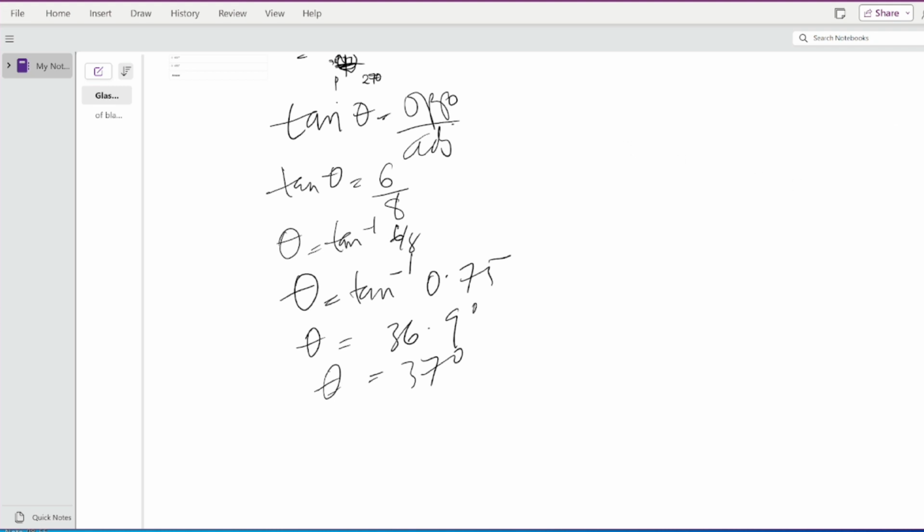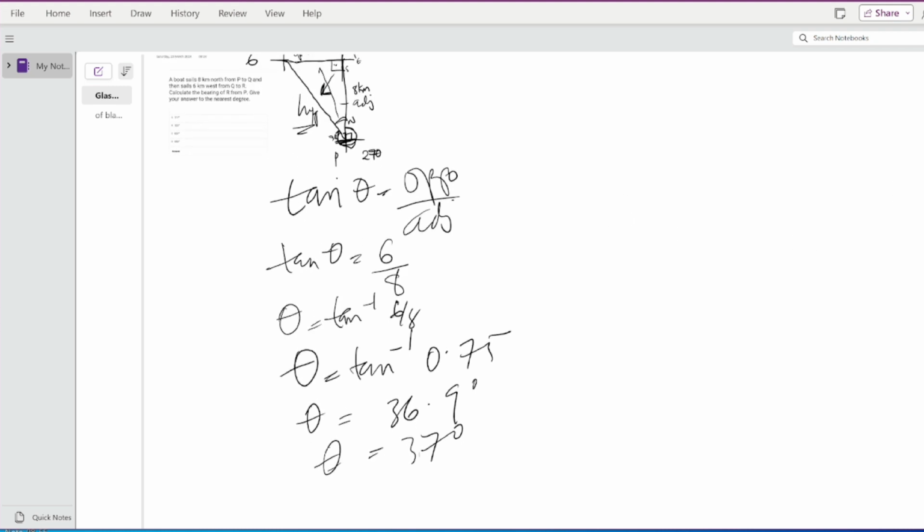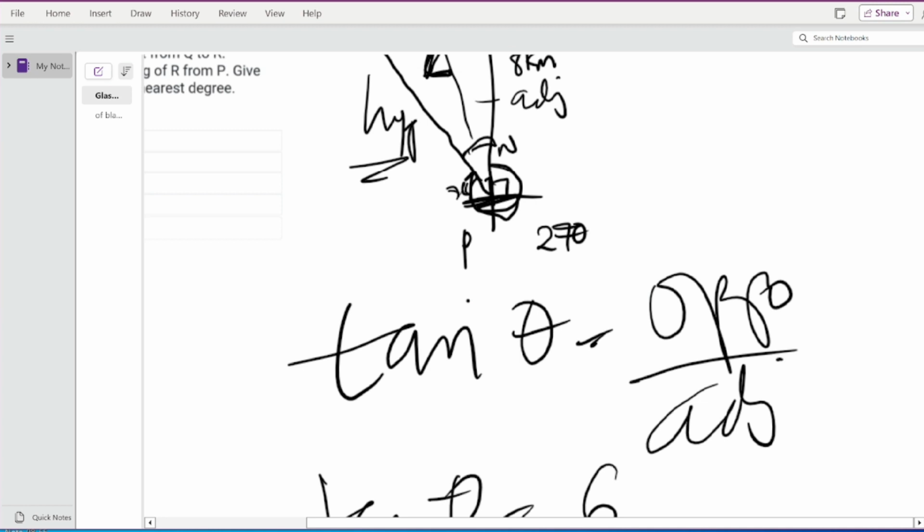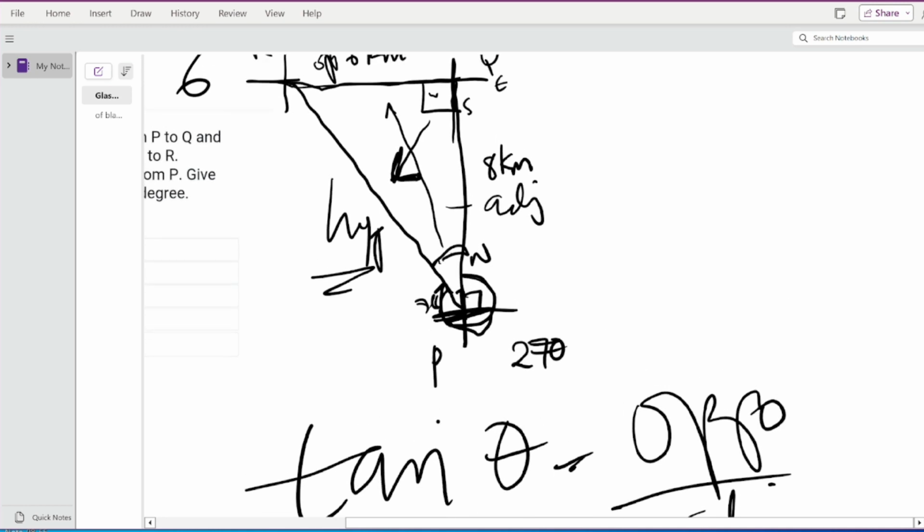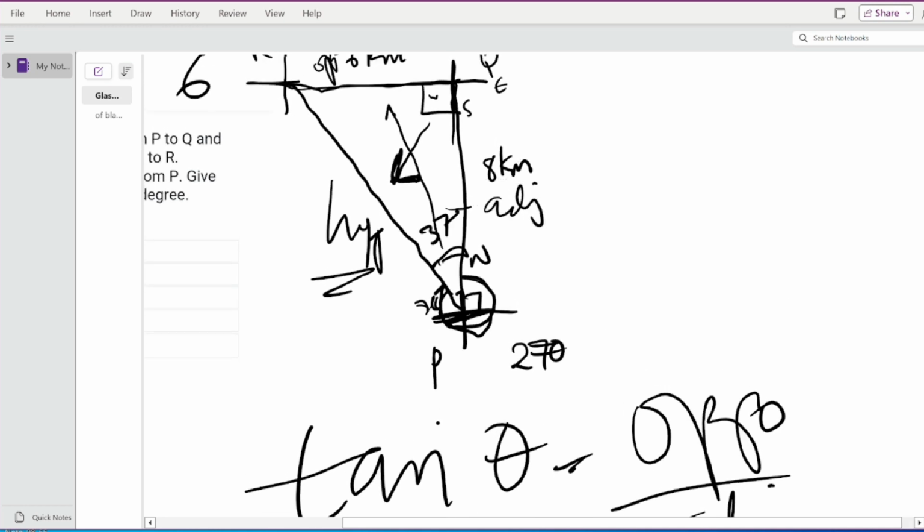As our theta is 37 degrees, we go back to the initial question. That means this angle is 37 degrees. And if this angle is 37 degrees, the rest of what makes it 90 will be 90 minus 37, which is 53 degrees.